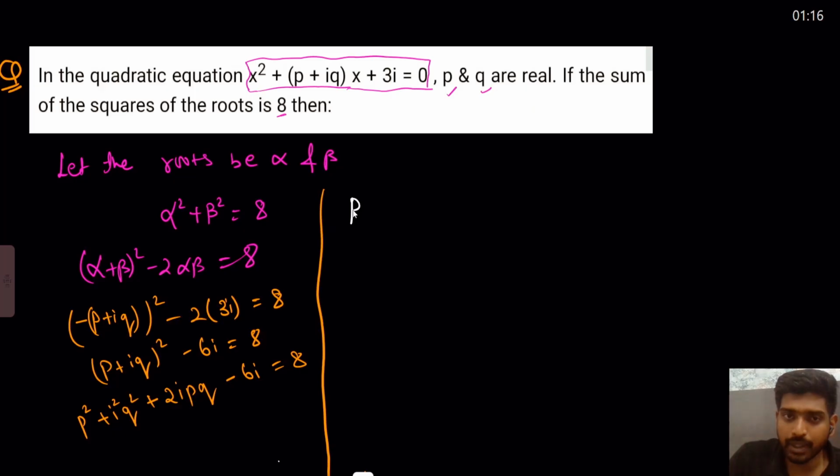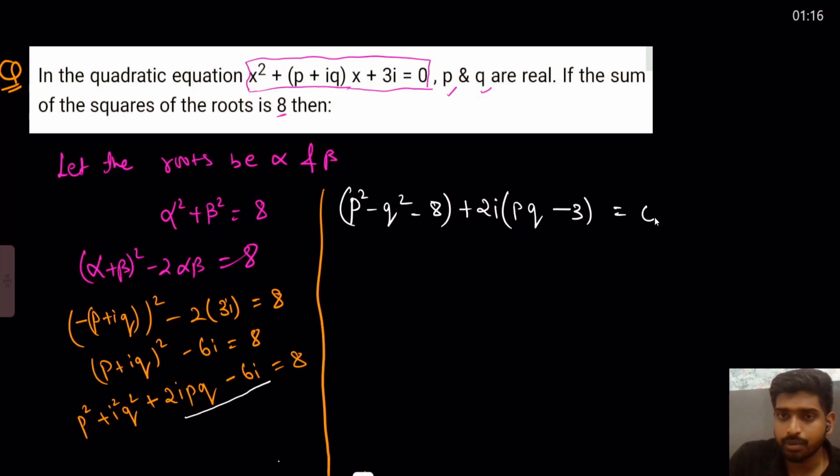So here I can write p square minus q square, and the 8 I'll send to this side, so minus 8. From the other two terms I'll take 2 iota common. So here we will get 2 iota into (pq minus 3) is equal to 0.